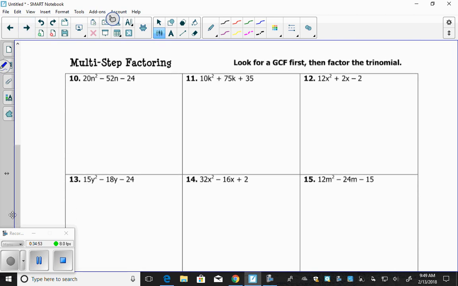Multi-step factoring. This is where you are trying to look for a GCF. These numbers, what do they have in common? What will go into all of them? There's a bigger number. 4. What's left?